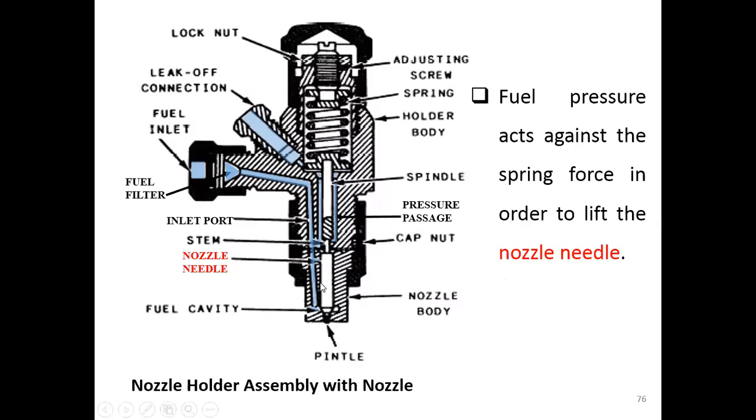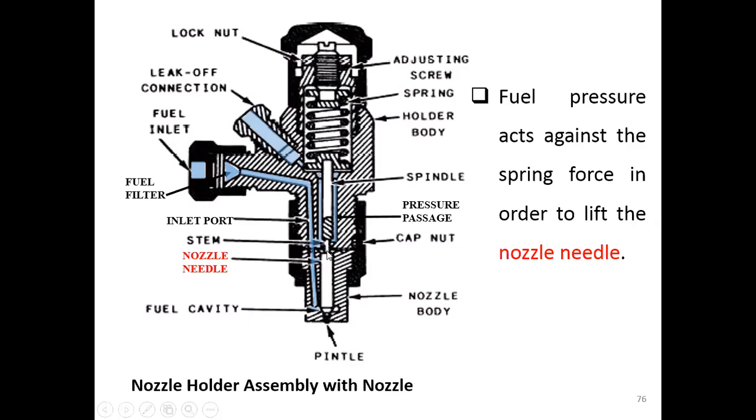The nozzle needle is opened because of the fuel pressure here. Remember, the fuel is sent in from time to time, so the pressure occurs from time to time. When the fuel flows in, it has pressure, and this pressure will lift up this nozzle needle.